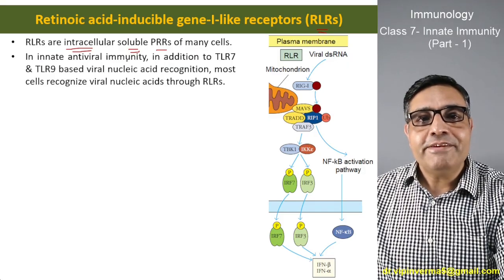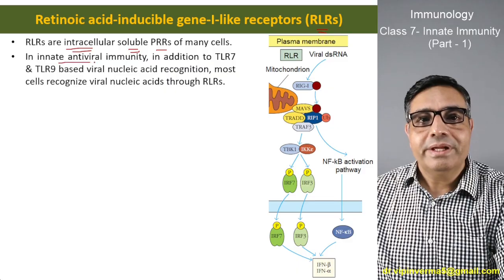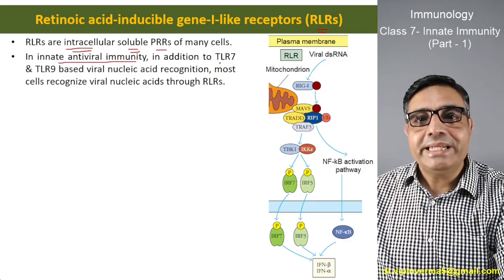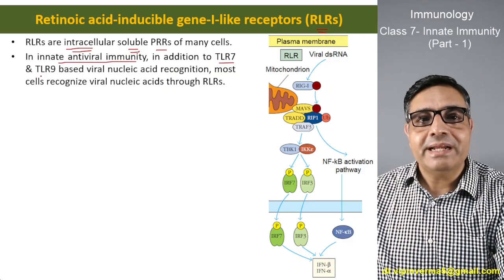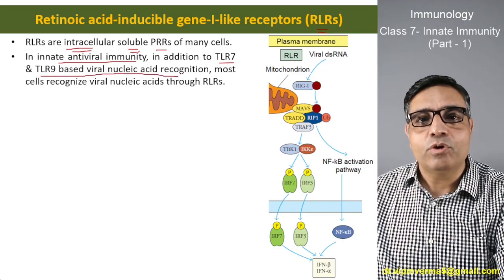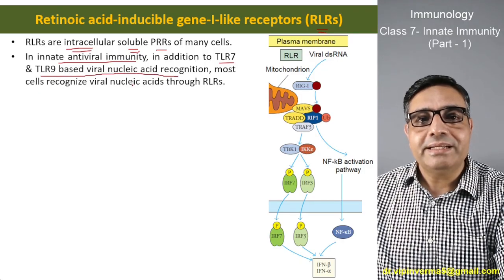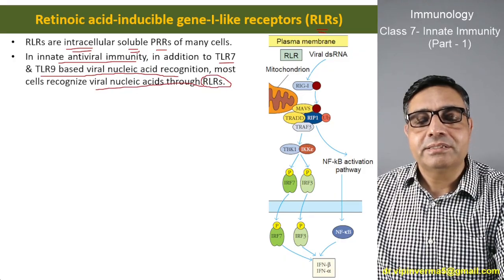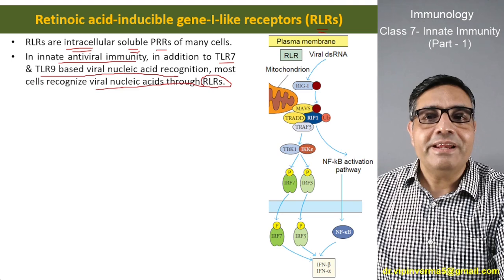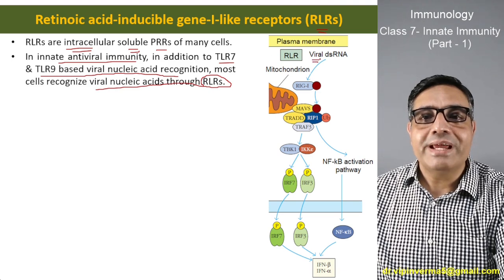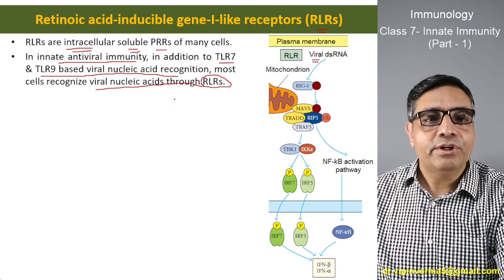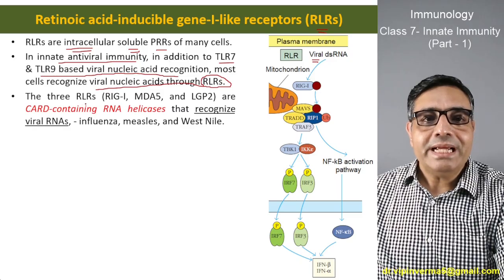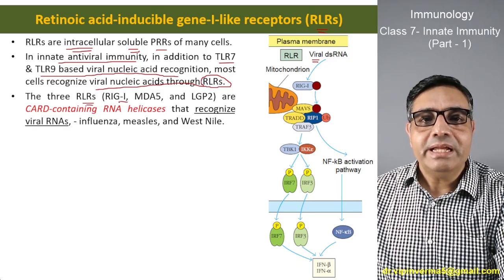In innate antiviral immunity, in addition to TLR7 and TLR9 based viral nucleic acid recognition, most cells recognize viral nucleic acids through these RLRs. So these RLRs are very important for viral nucleic acid recognition. The three RLRs are RIG1, MDA5 and LGP2.